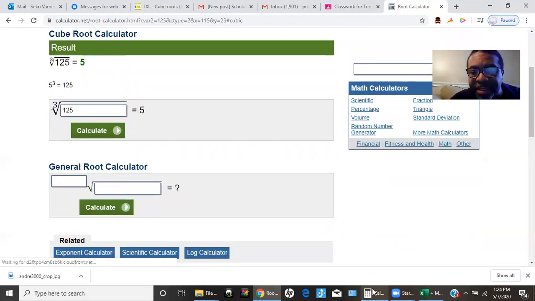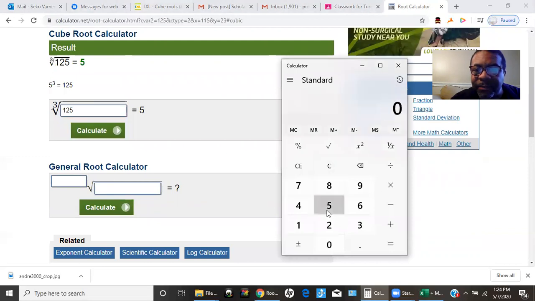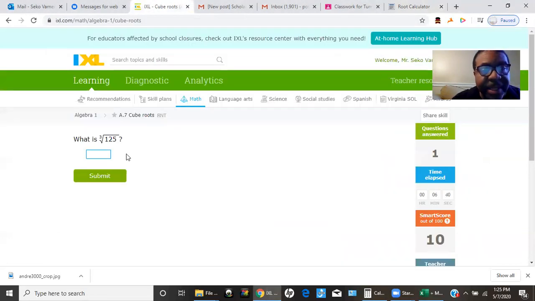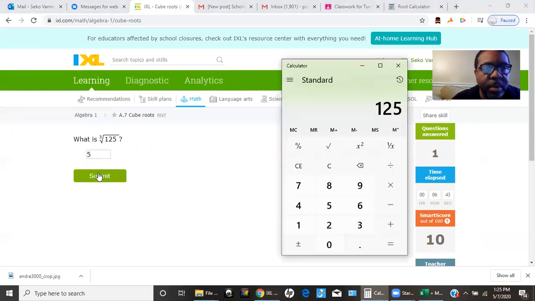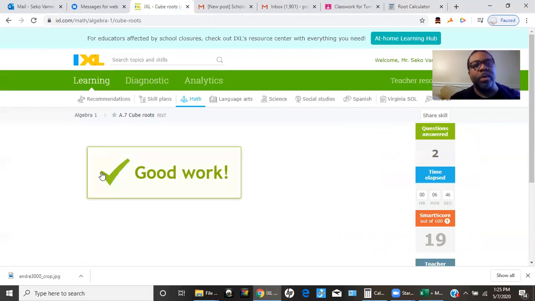All right, so that's saying that 5 times 5 times 5 equals 125. Okay, good. Let's go back to IXL. And I want to type in the answer, which we figured out was 5, right? Boom. Good work. Okay.